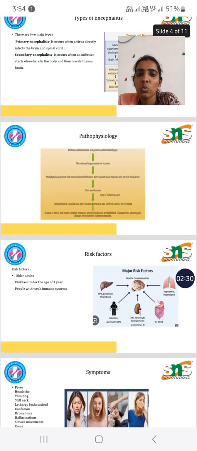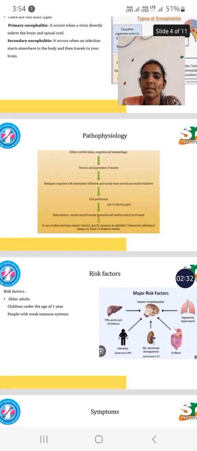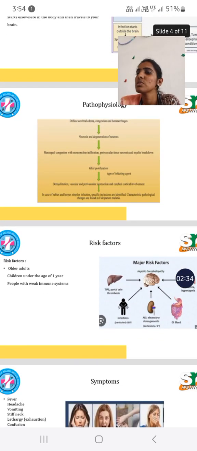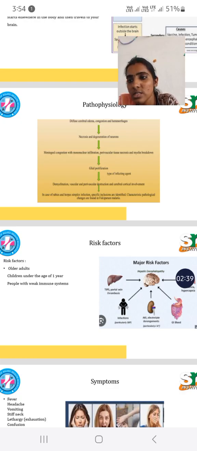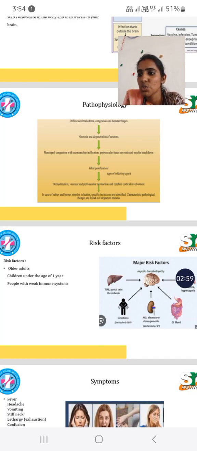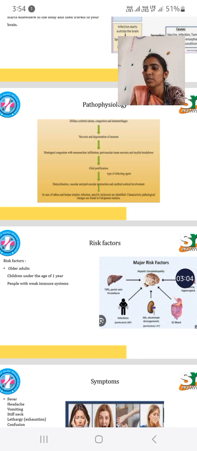Now we are moving to the pathophysiology. The pathophysiology is diffuse cerebral edema or congestion and hemorrhages, which can lead to necrosis and degeneration of the neurons, which leads to meningeal congestion with mononuclear infiltration, perivascular tissue necrosis, and myelin breakdown, which leads to proliferation depending on the type of infected agent, and which leads to demyelination, vascular and perivascular destruction, and cerebral cortical involvement.